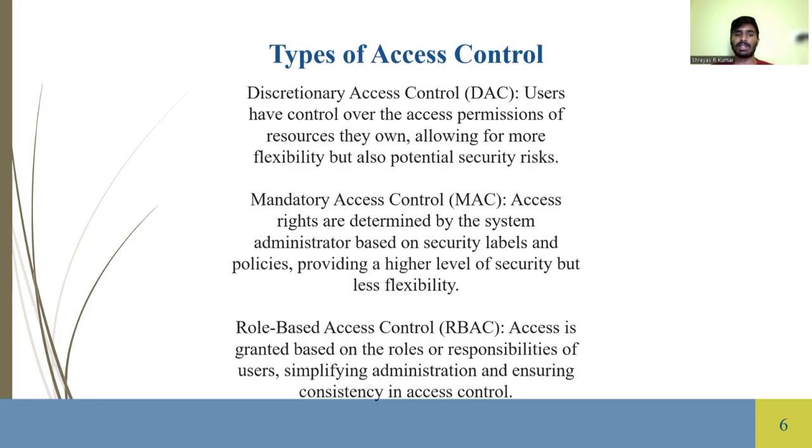In this, access rights are determined by the system administrator based on security labels and policies, providing a higher level of security but less flexibility. Role based access control. In this, access is granted based on the roles and responsibilities of users, simplifying administration and ensuring consistency in access control. It is also called RBAC.